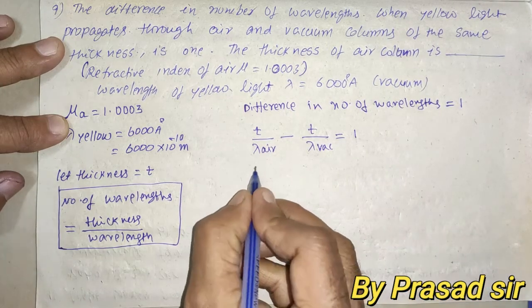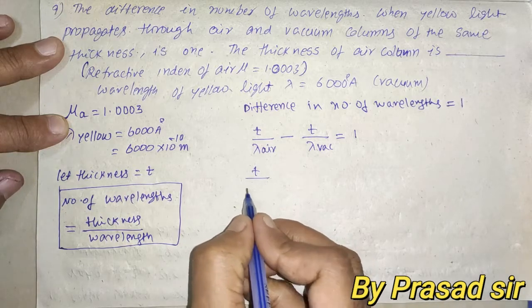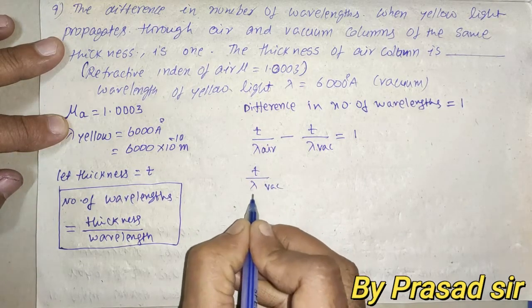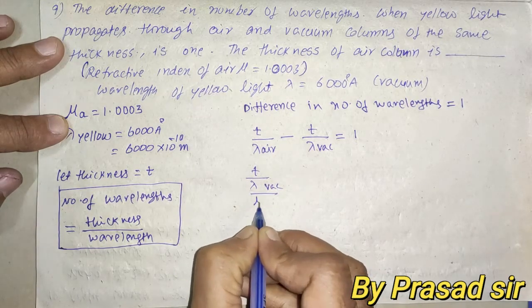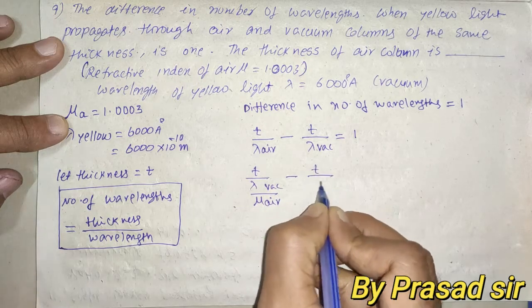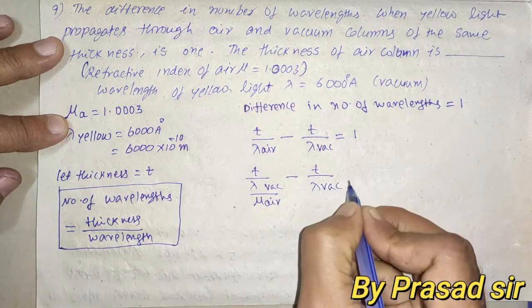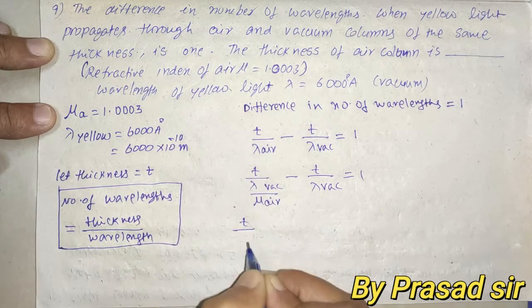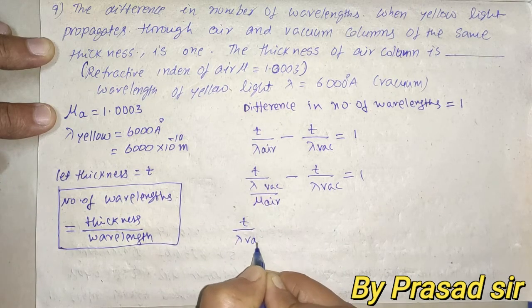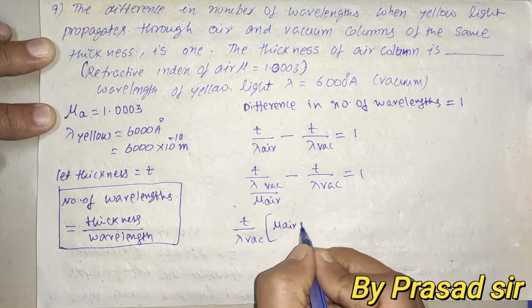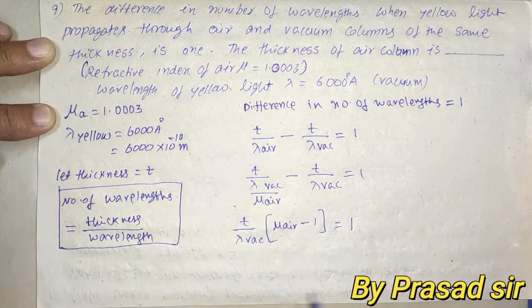But here one thing remember, T divided by this is lambda in vacuum divided by mu in air, minus T divided by lambda in vacuum, equals 1. But here T divided by lambda in vacuum common, mu in air minus 1 is equal to 1.